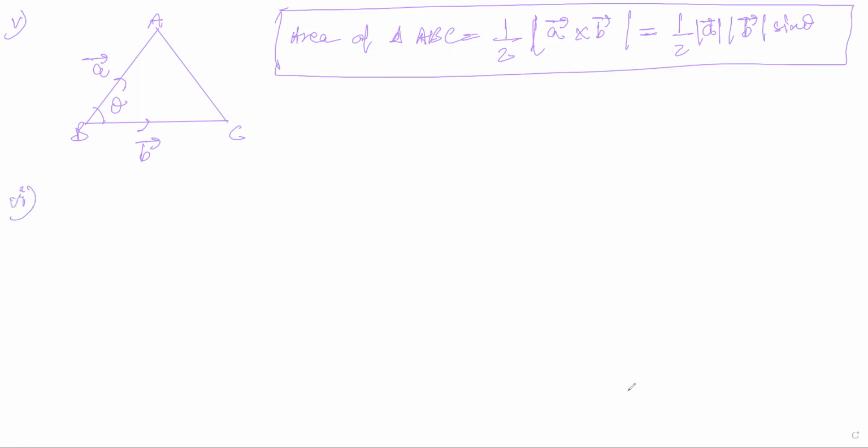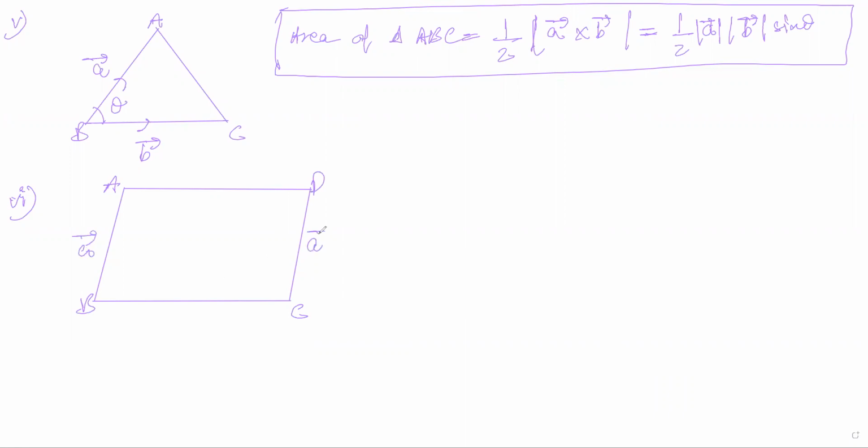And similarly, let's talk about a parallelogram here. So if you take a parallelogram, in that case also, parallelogram is what? Nothing but double of triangle. Right? So let's say this is a parallelogram ABCD, and we know the two adjacent sides of the parallelogram.